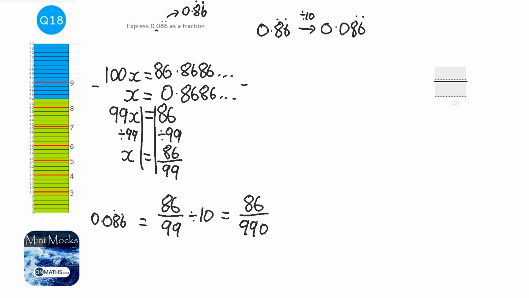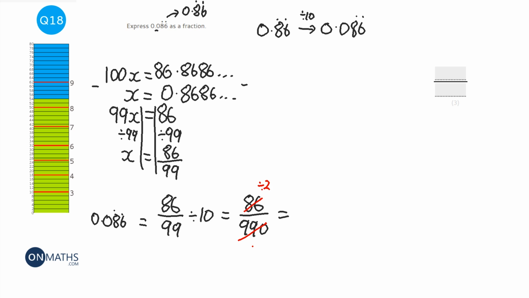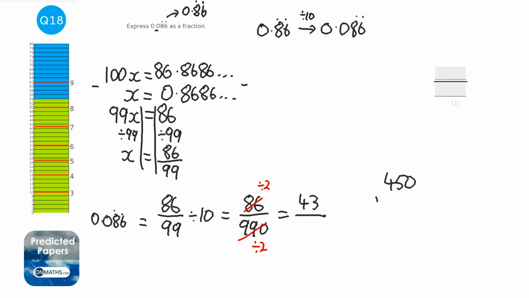Okay, so we can cancel at this point. If you have a look, we can divide top and bottom by 2. So I can show that I'm dividing by 2. So we're keeping the fraction the same. So that would be 43 over, and half of 990 is 495.